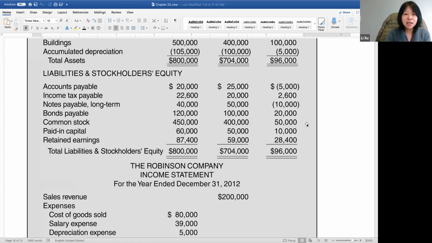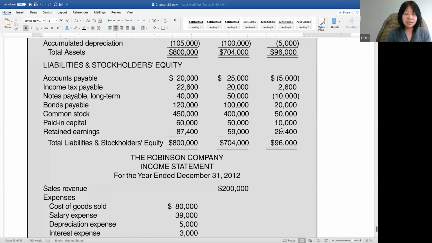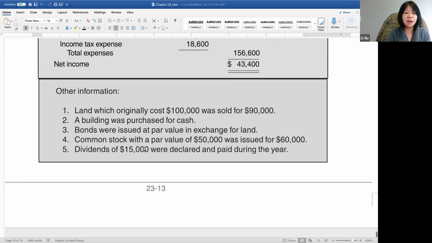Here, for this transaction, the company received $60,000. $50,000 was allocated to common stock. 10,000 goes to paid-in capital because of the par value. So this T-account tells you that due to this issuance of the stocks, the company increased the cash by 60,000. So the last thing we need to pay attention to for the CFF section is the dividends payment.